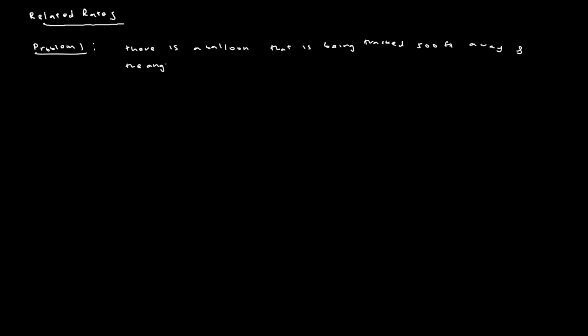So problem 1. This problem says that there is a balloon that is being tracked 500 feet away, and the angle from the tracker is increasing at a rate of pi over 4 radian per second.